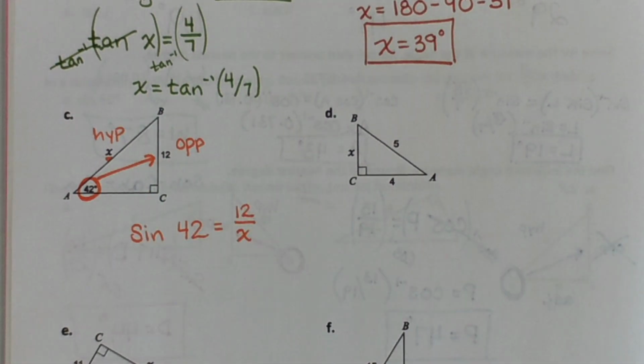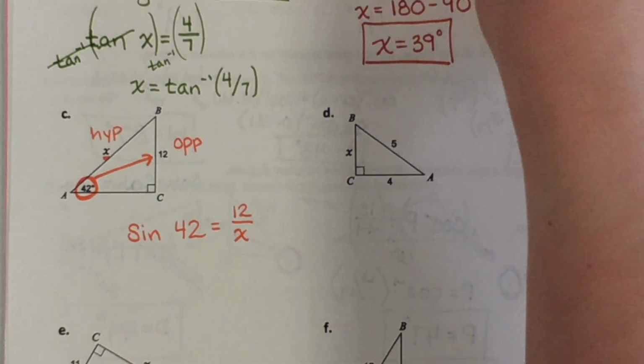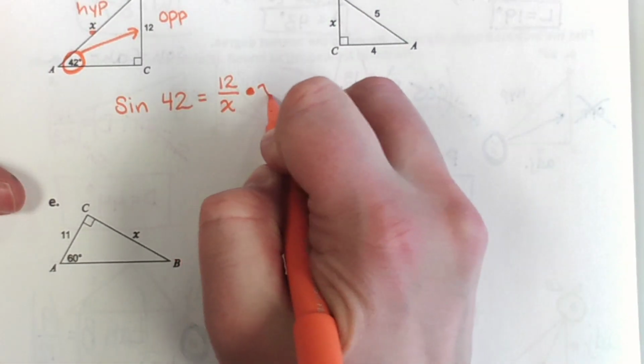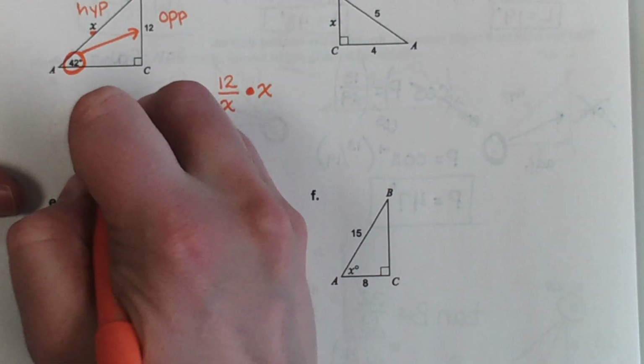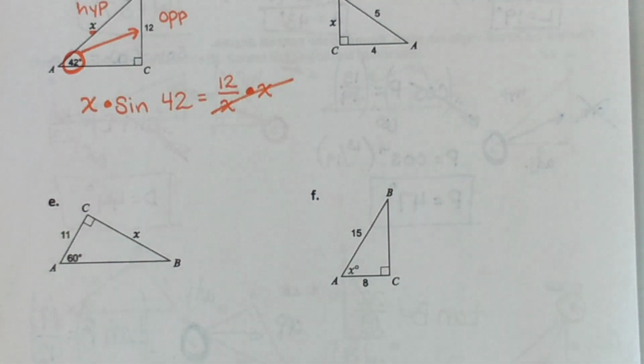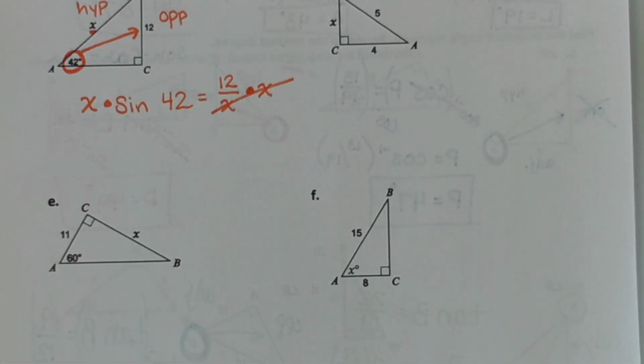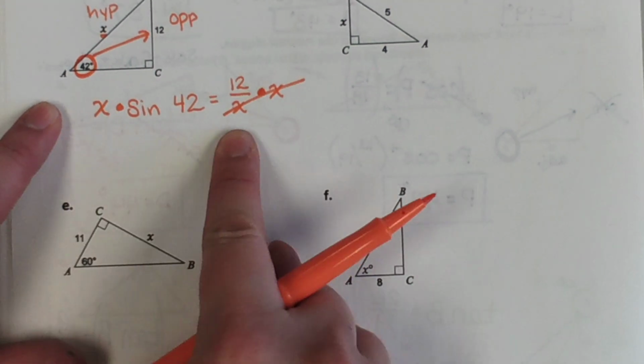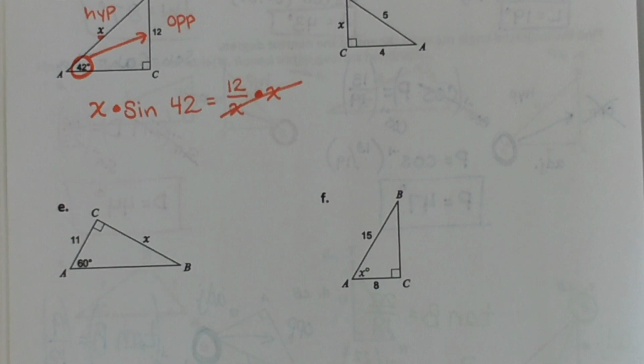Now, how do I solve for the variable when the variable's in the fraction? Get rid of the fraction by multiplying by its denominator. Always the bottom of the fraction. I don't care if it's a letter or a number. Multiply by the bottom of the fraction. In this case, x. Does that x get multiplied by the 42? No, it gets multiplied by the sine of 42, and sine of 42 is a number.